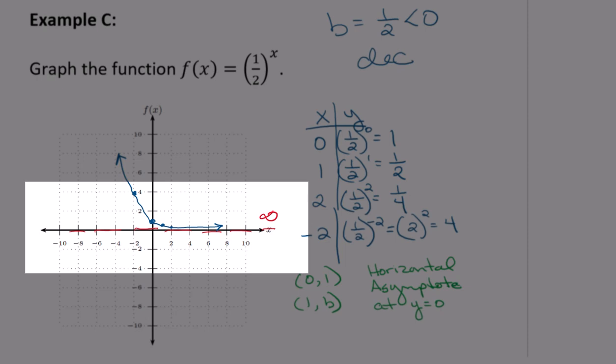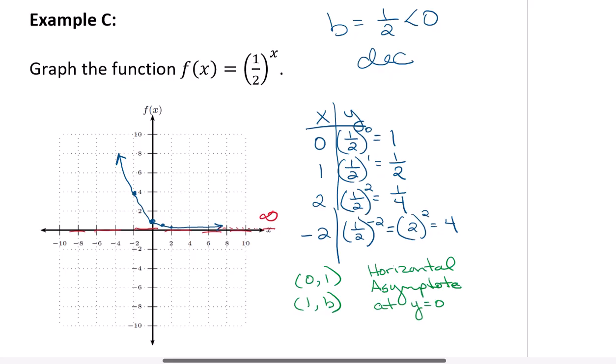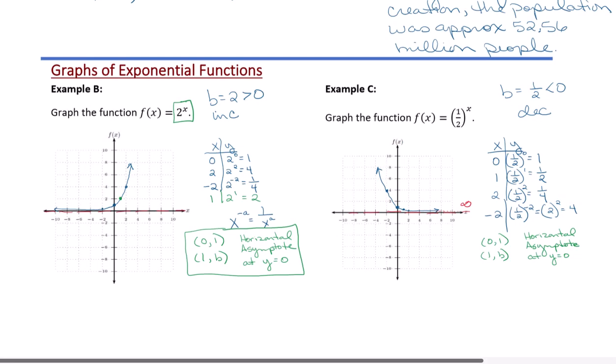Towards the left, our x keeps climbing, but towards the right, this is getting closer and closer to 0. Never equaling 0, but it approaches 0. So notice that the two graphs have the same overall shape, just one is increasing to the right, one is decreasing to the right. And both of those are due to the base of our variable exponents.